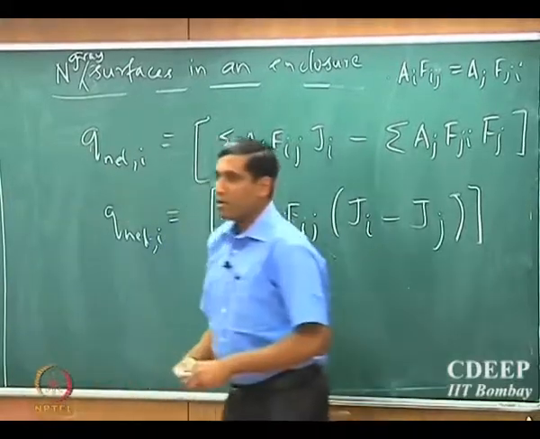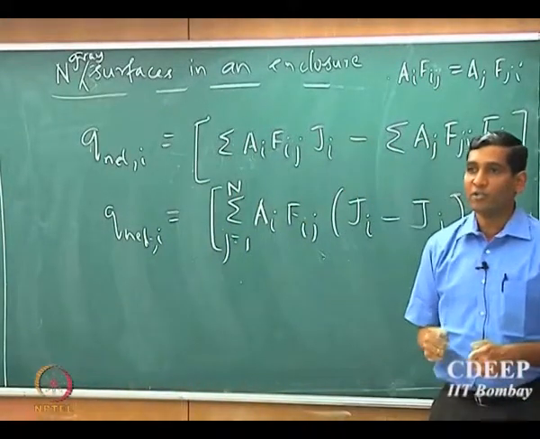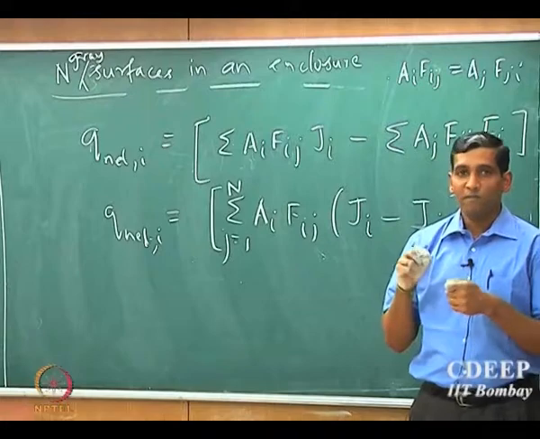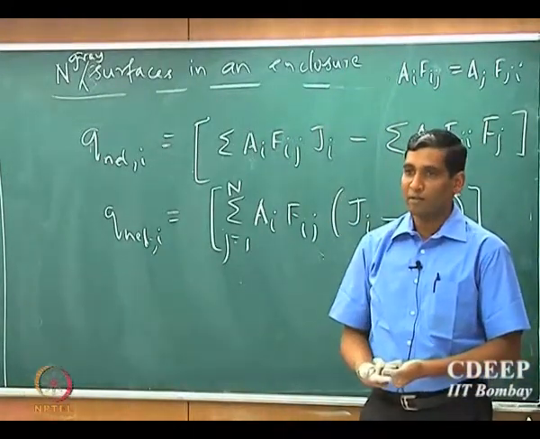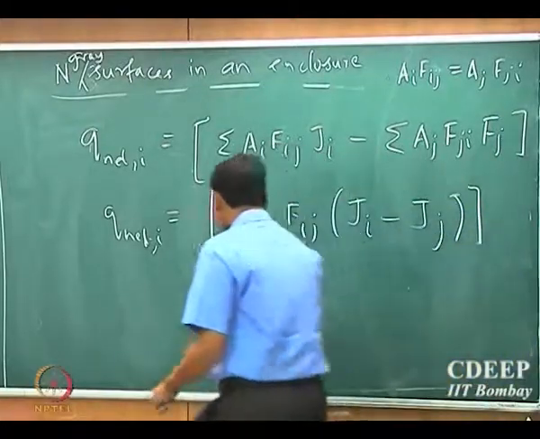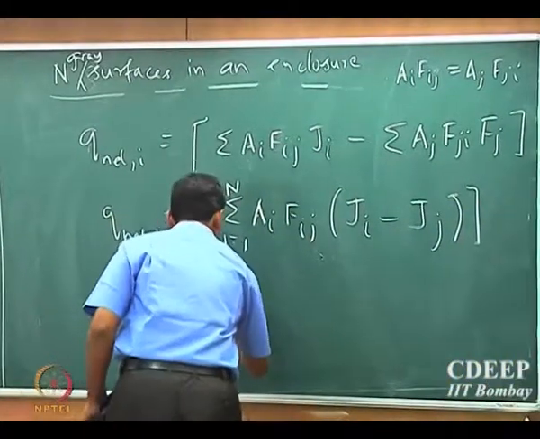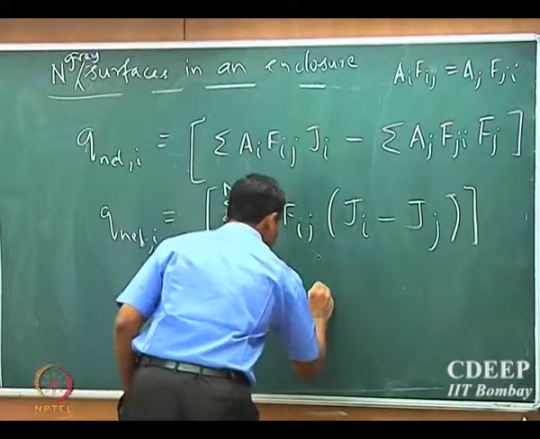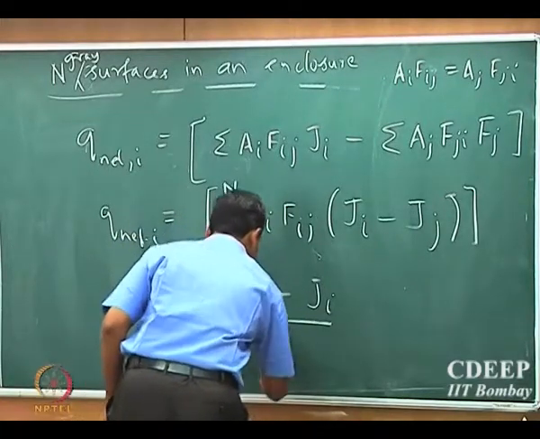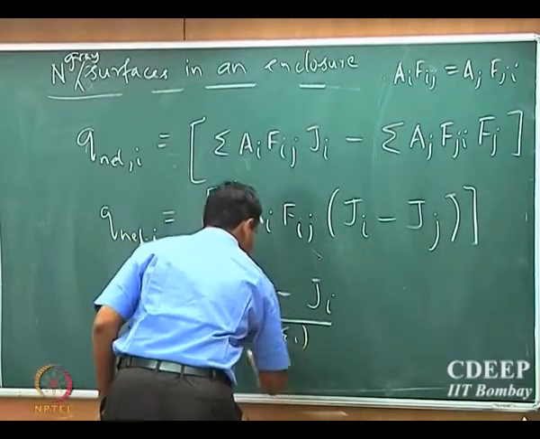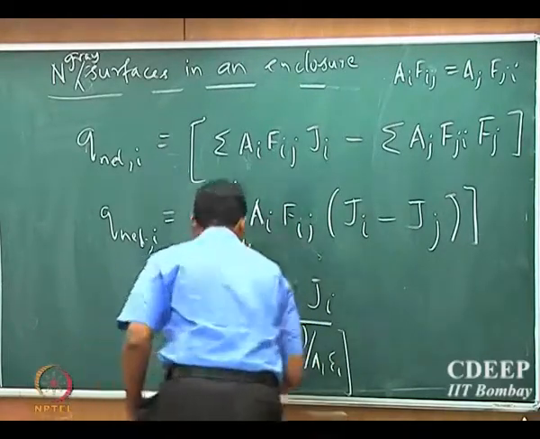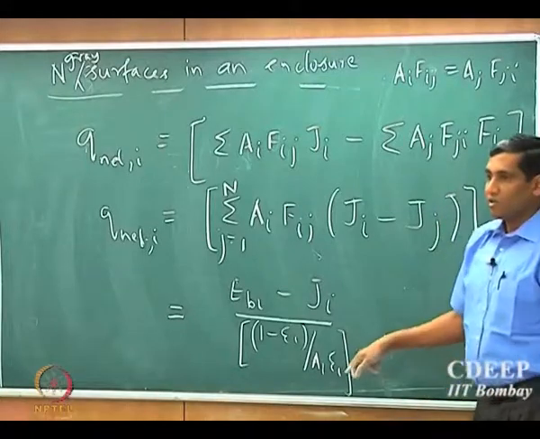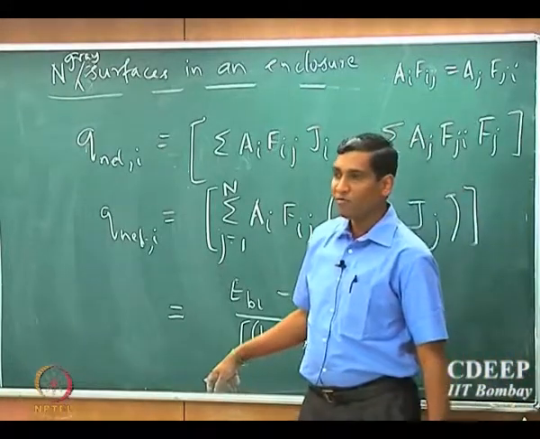So this is the net radiation exchange by surface I with all other surfaces in the enclosure. Note that this is also equal to (Ebi minus Ji) divided by (1 minus epsilon i) by (Ai epsilon i). This is what we derived a short while ago.